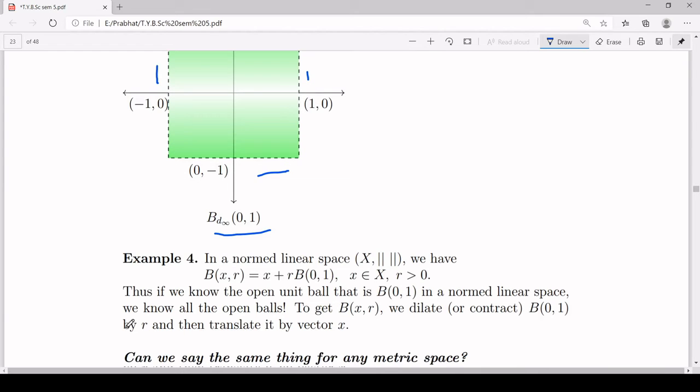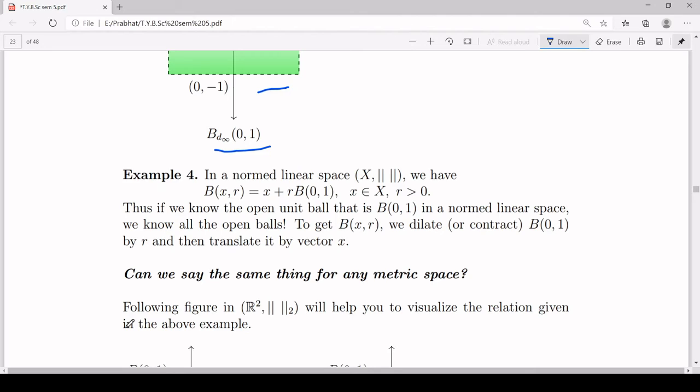Now the next example tells you that if you know the open unit ball in a normed linear space, you can construct all other open balls from the open unit ball, and the procedure is given in this one equation only.